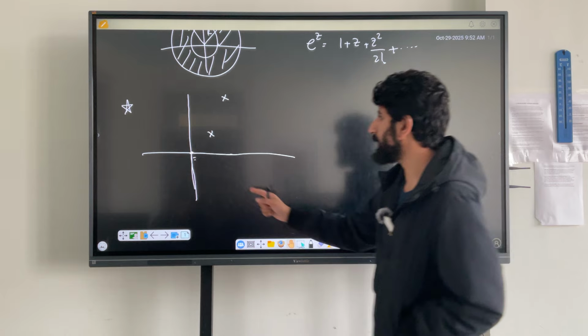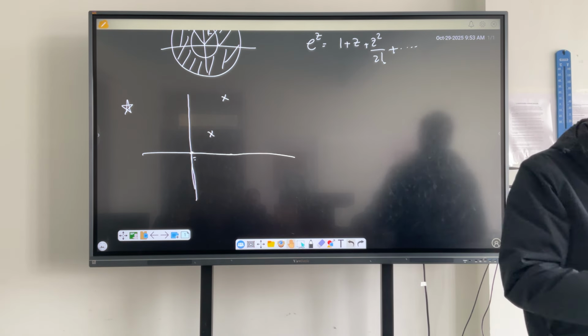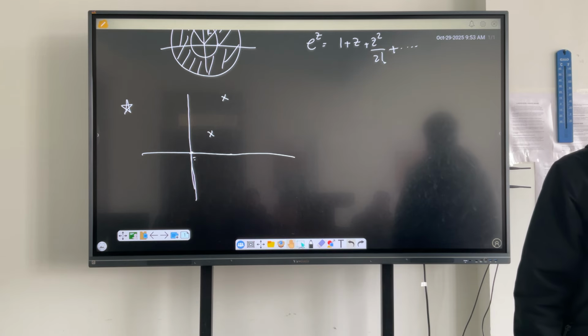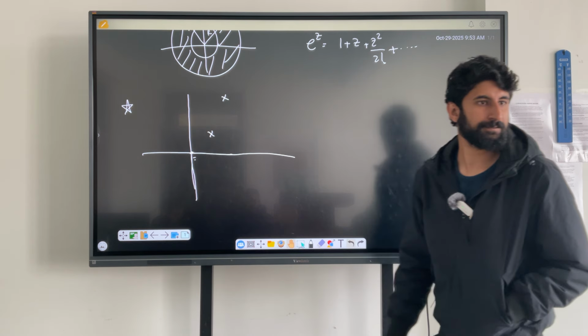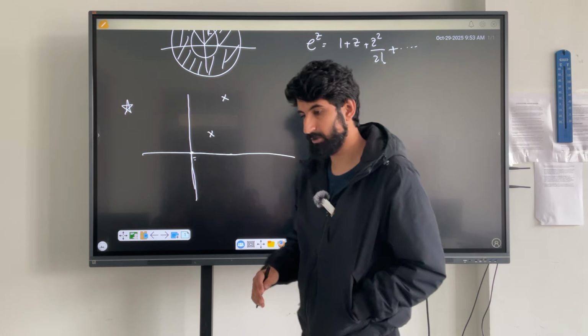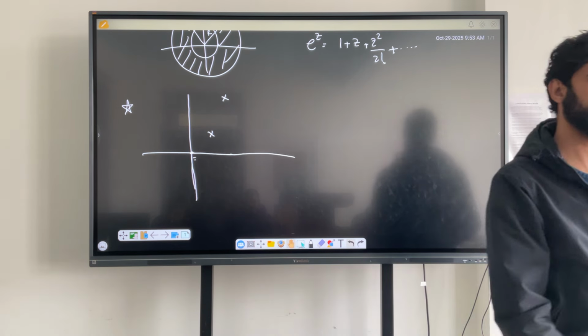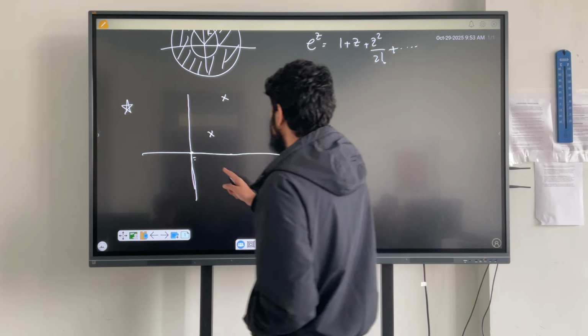We are expanding around z equals 0. At z equals 0, the function is itself analytic, or it may not be. You know what the difference would be. But there are some non-analytic points here and here. How do I go about it? Should I just write down the Laurent series and be done with it, or should I think a bit more? Okay, let me write down the Laurent series.